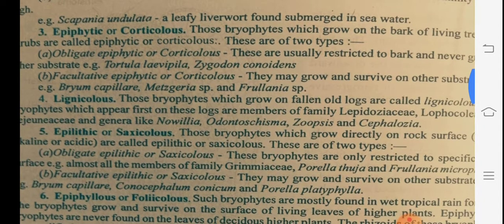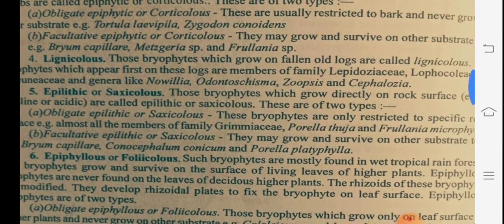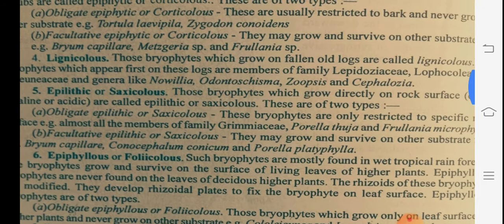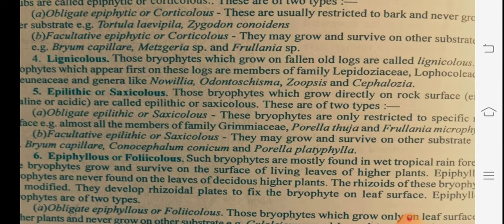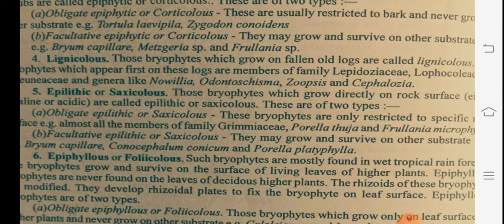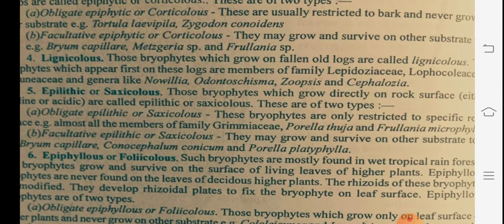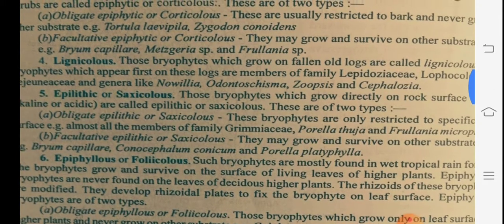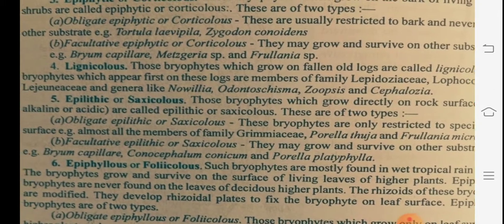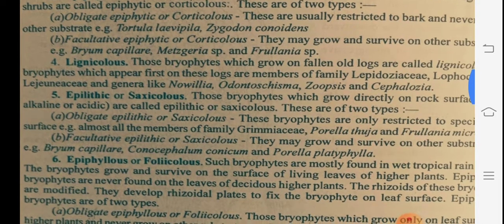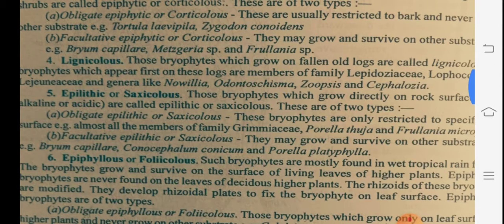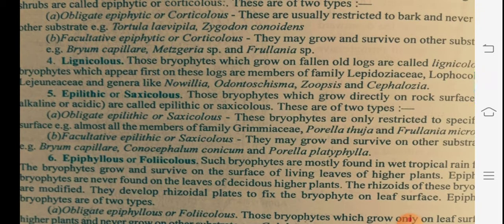Then lignicolous, which generally grow on fallen wooden logs. On these wooden logs, common members are Lepidozia, family Lepidoziaceae, then Lophocolea, family Lophocoleaceae, then Lejeuneaceae, and some genera like Nowellia, Odontoschisma, Zoopsis, and Cephalozia.